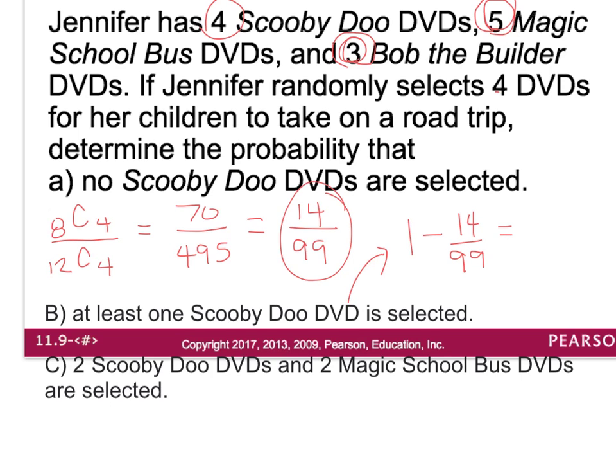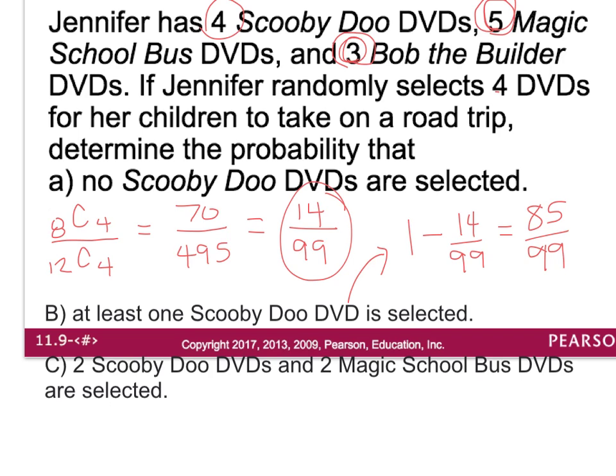I would let your calculator do that subtraction for you. So just type in 1 minus 14 divided by 99. Then hit the math button, then frac. The probability of at least one Scooby-Doo is 85 out of 99. Or if you like decimals, she's got roughly an 86% chance of hearing at least one Scooby-Doo DVD.